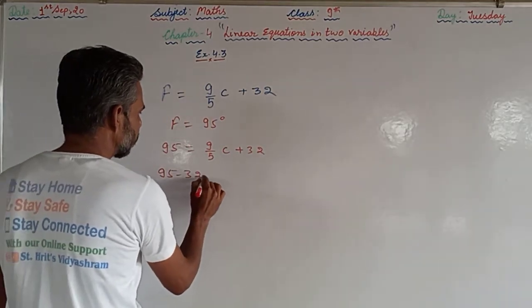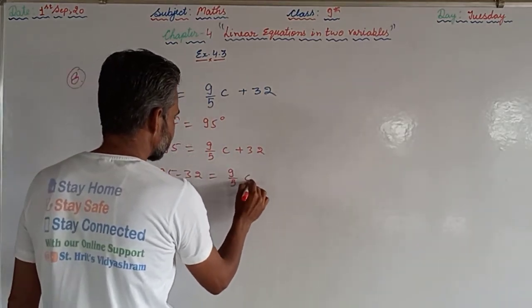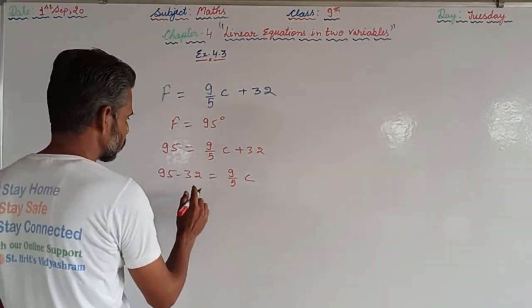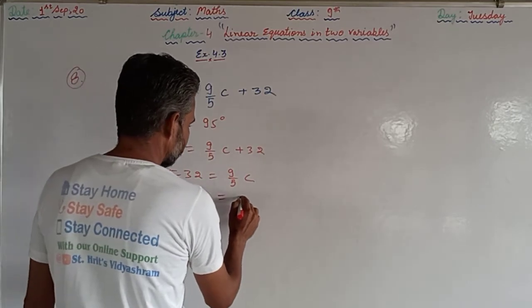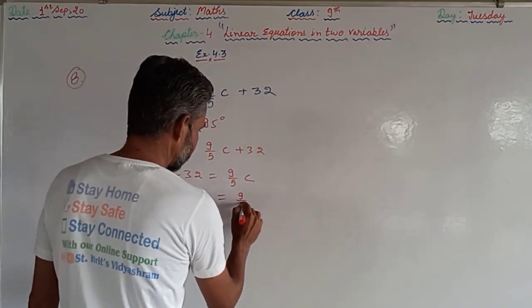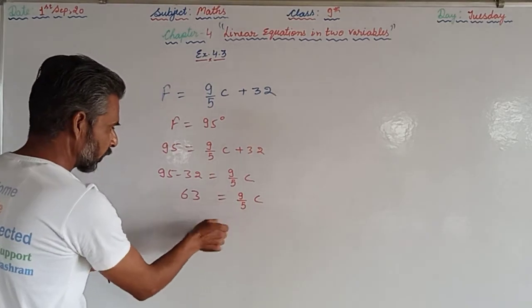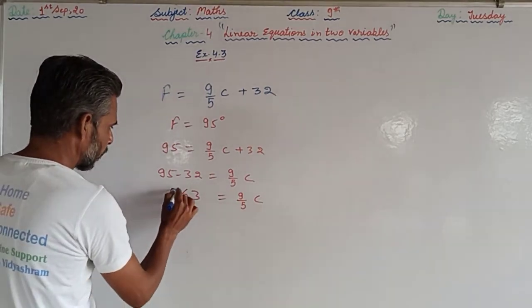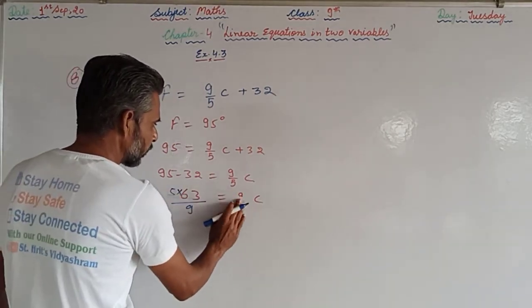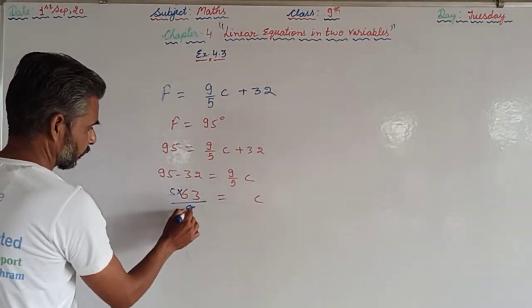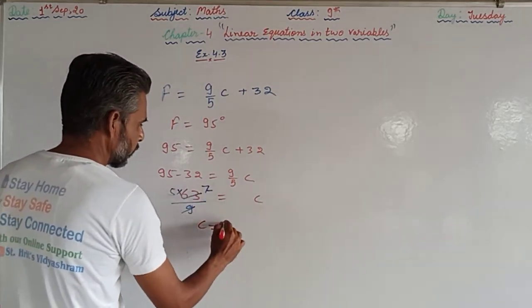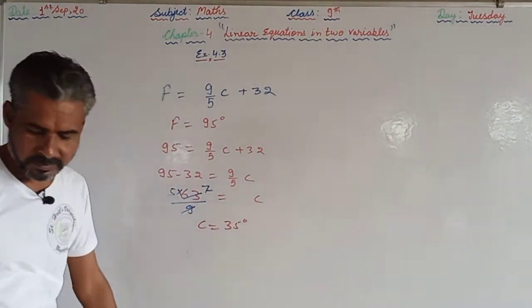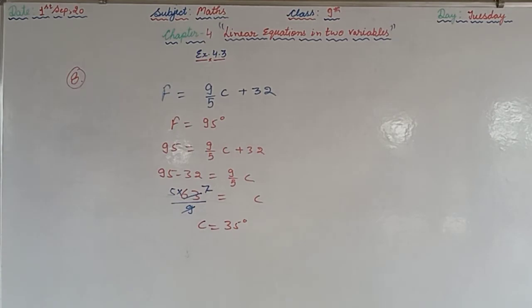So 95 minus 32 equals 9/5 C. 95 minus 32 is 63, equals 9 upon 5 C. So 9 upon 5 will come this side, 5 will go up and 9 will go down. So 9 sevens are 63, and C will be 7 fives are 35 degree Celsius. So the answer of the third part will be 35 degree Celsius.